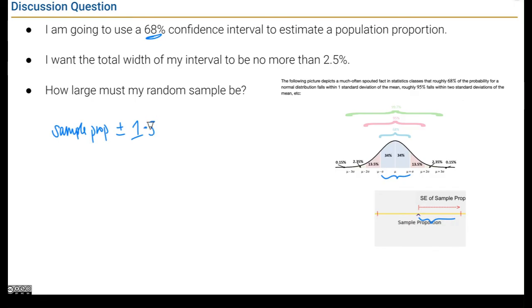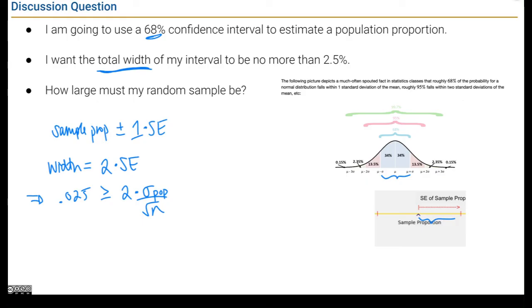So I'm going to have 1 times the standard error. And now I want the total width of the interval. So the width is going to be twice that, 2 times the standard error. And I want that to be no more than 2.5%. So I want 0.025 to be less than or equal to 2 times this.